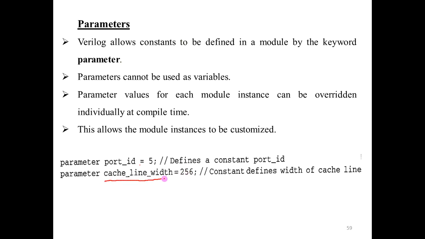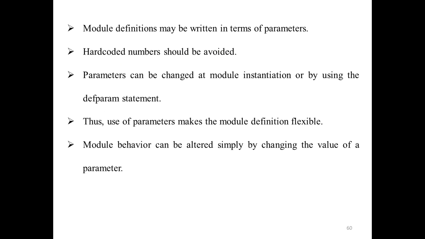Wherever you encounter cache_line_width in your code, it will be replaced by a constant 256. So port_id defines a constant 5. 5 is a value. Cache_line_width is a constant, and it's been defined as 256. Wherever in your code cache_line_width comes, it will be replaced with 256. That's the meaning of parameter.